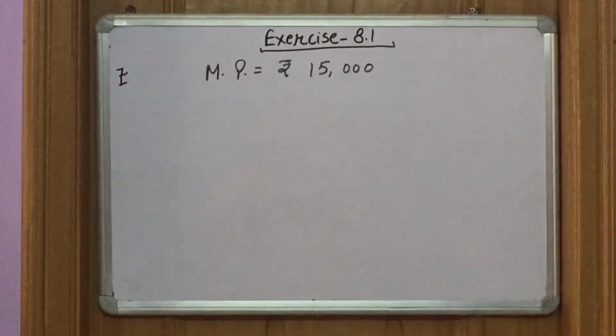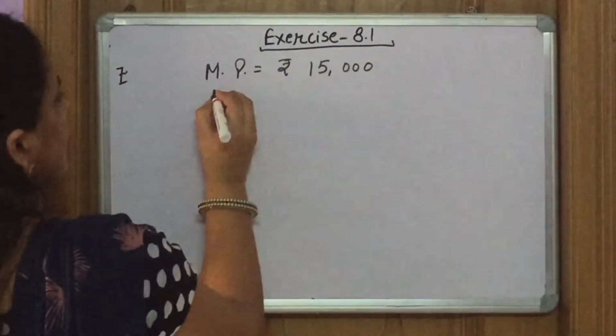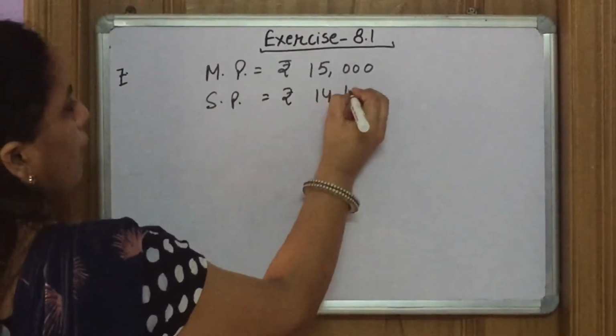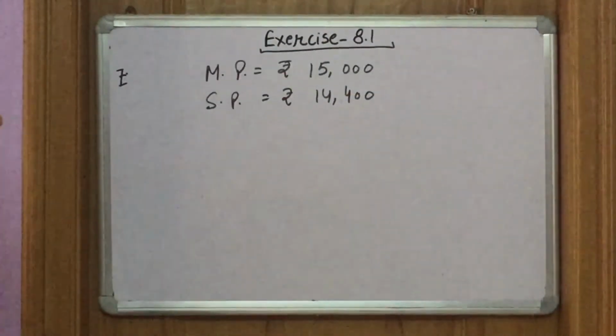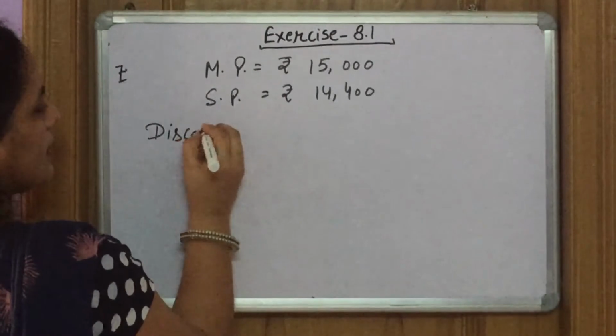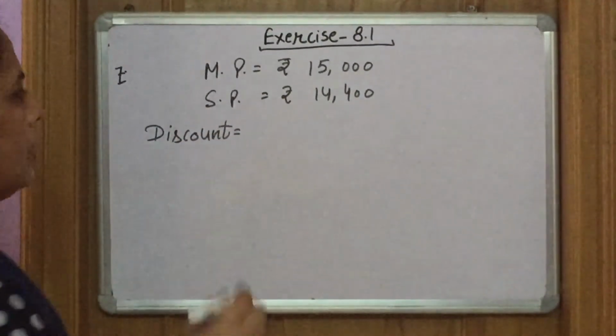We have to find out discount and discount percentage. Selling price is given 14,400. We have to find out two terms. First is discount and second is discount percentage.